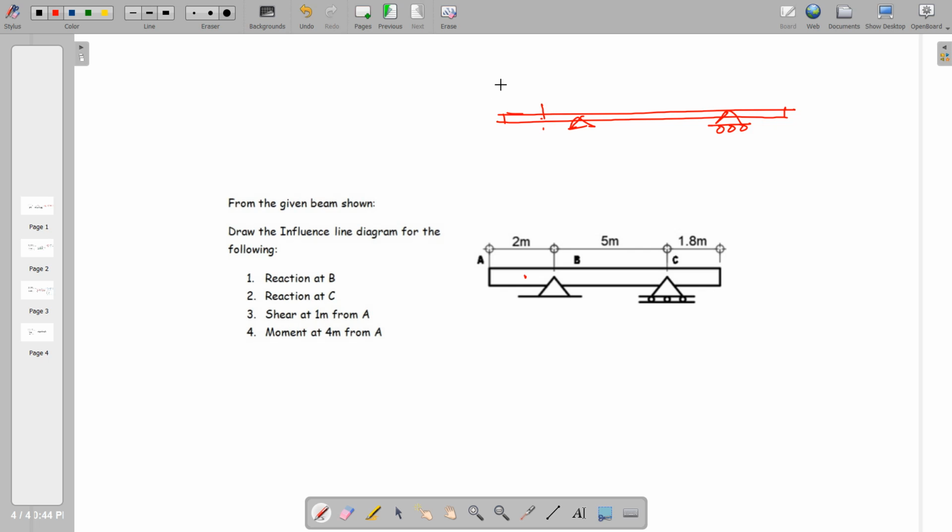because if we can see here, if we apply a unit load from left to right starting at this point, so this is the unit load 1, of course we cut that one and consider the left portion, say this is the cut section.